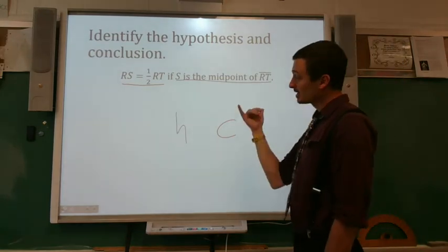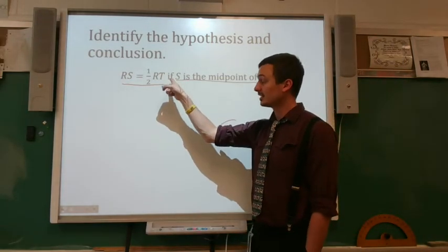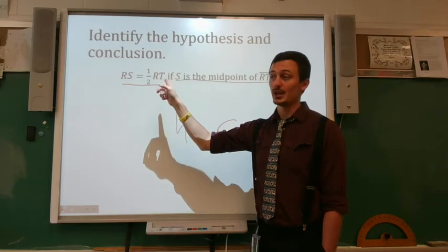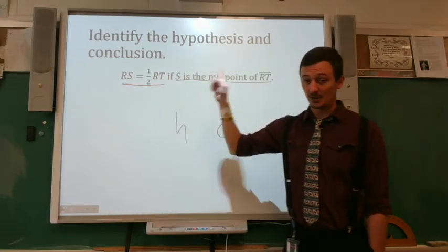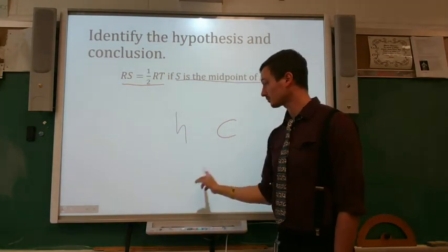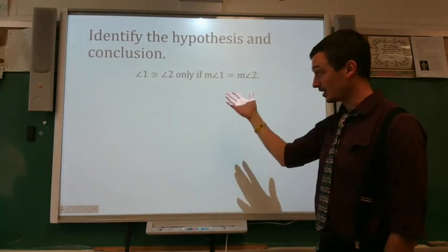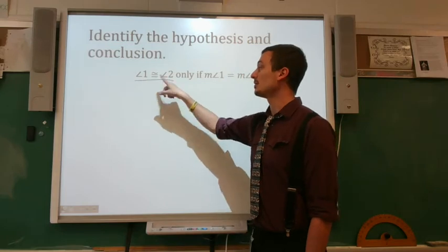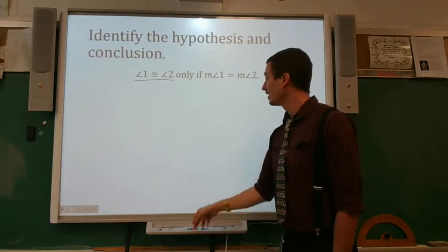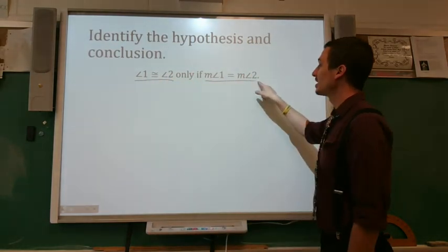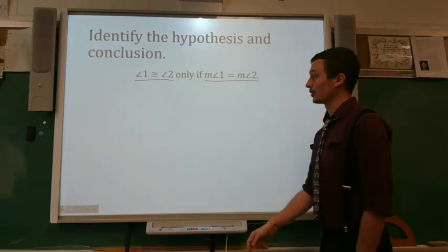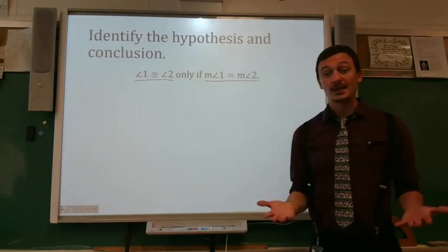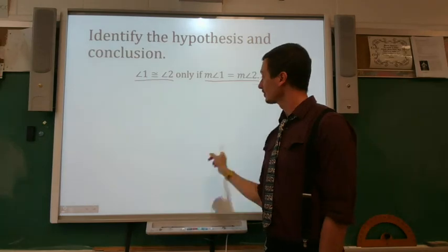So this is the only time that it's switched. If "if" is the only thing in there, then the conclusion comes first and the hypothesis comes second. And here's another one. This has only if. So the hypothesis is going to be angle 1 is congruent to angle 2, and our conclusion is the measure of angle 1 equals the measure of angle 2. And that's conditional statements, I believe.